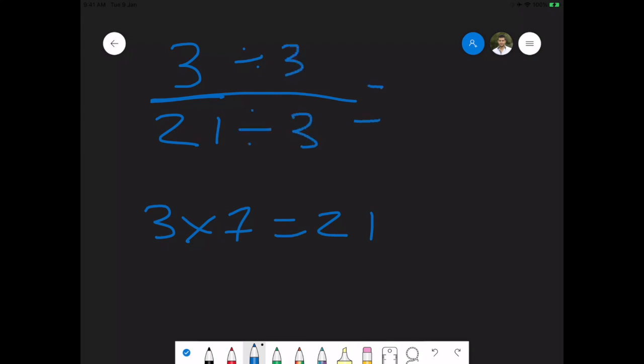So 3 divided by 3 is 1. 21 divided by 3 is 7. So we have 1 out of 7 is the simplified form of 3 out of 21. I cannot simplify it anymore because if I look at 1/7, they can only be divided by 1.